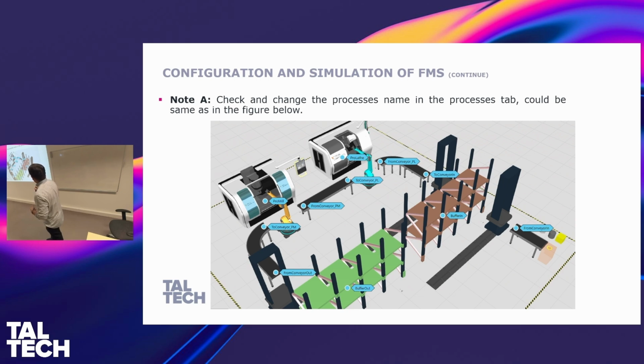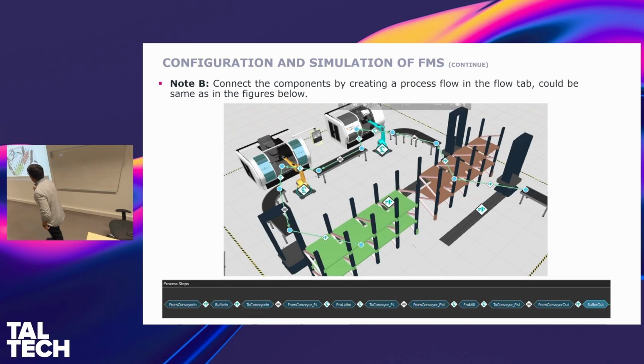So we change it from conveyor in, buffer in, to conveyor in, from conveyor. PL is like the pro lathe and pro mill. So that's how we will do it. And this note is also here: check and change the process name in the process tab, so it can be the same as here.